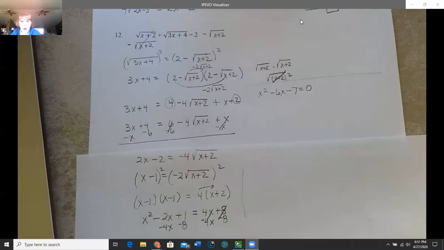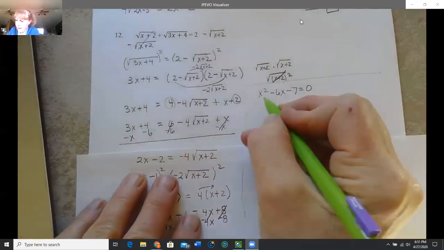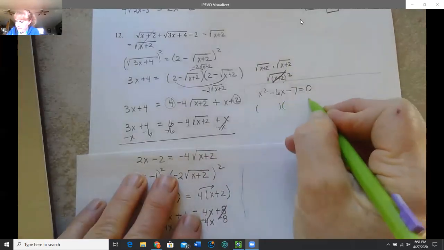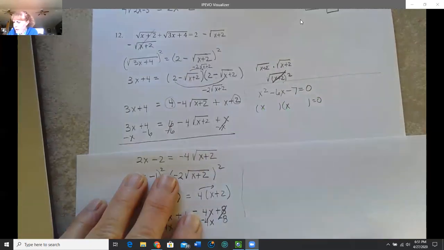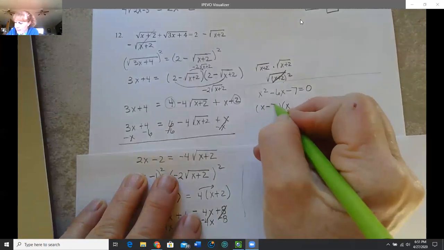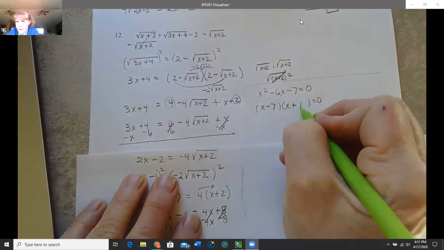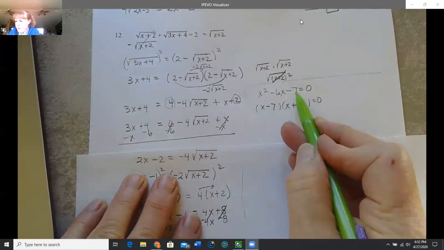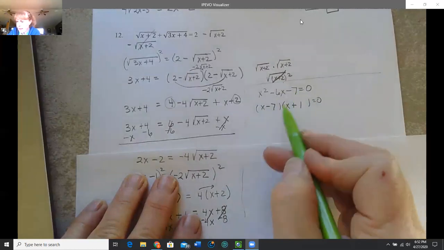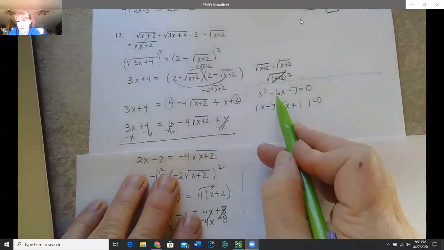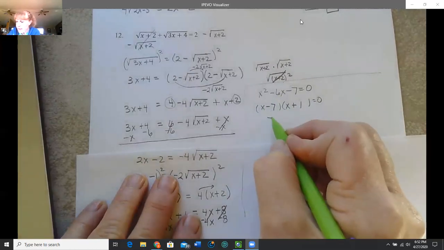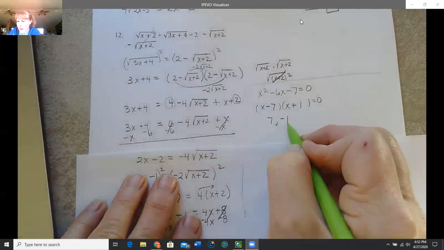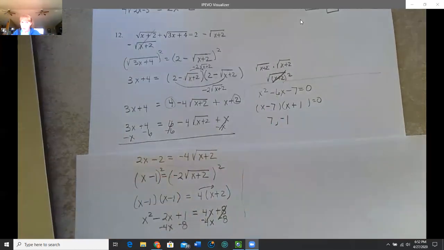There's nothing in common, so we'll go ahead with x times x. We'll have a minus 7 and a positive 1. Multiplied together give you a negative 7. Added together give you a negative 6. So we have two possible solutions, 7 and a negative 1. And we're going to check both of them.